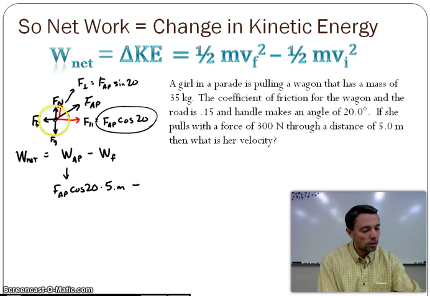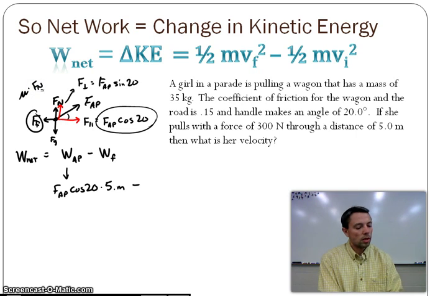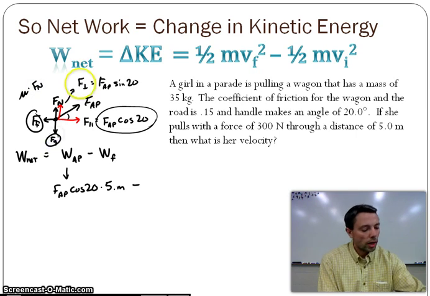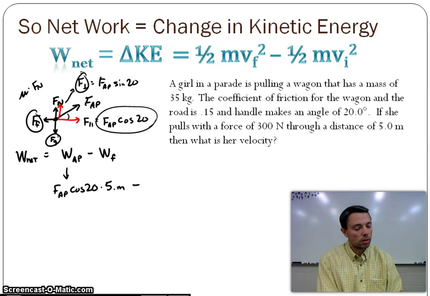My frictional force is going to be the coefficient of friction times the normal force, but my normal force is going to be my weight minus my force perpendicular.